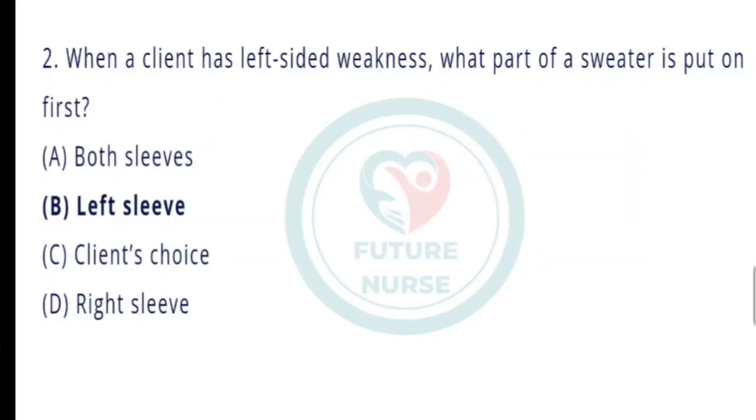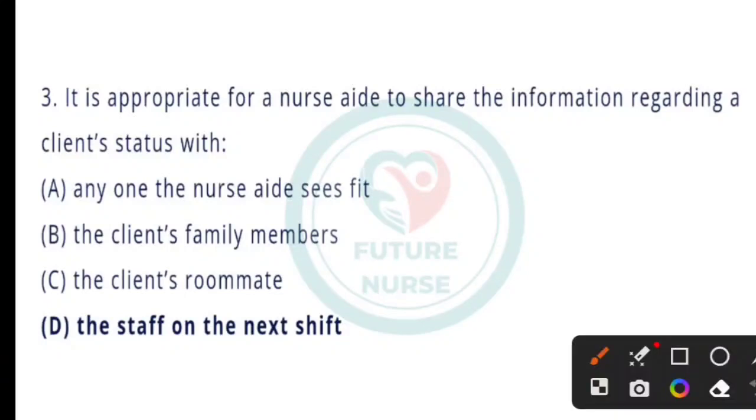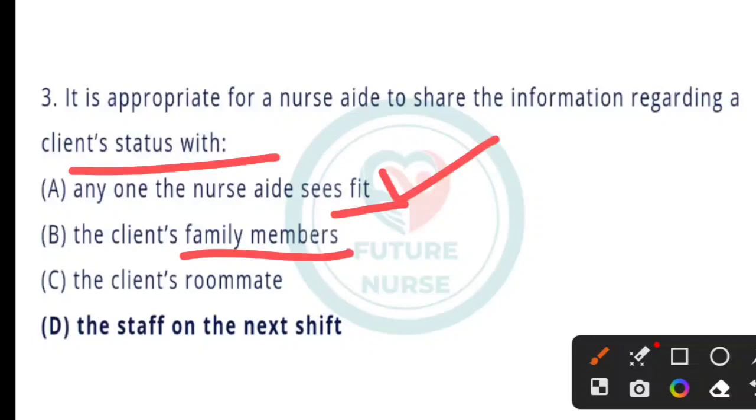So next, it is appropriate for a nurse aide to share information regarding a client's status with whom? Options: anyone the nurse aide sees fit, the client's family members, the client's roommate, the staff on the next shift.